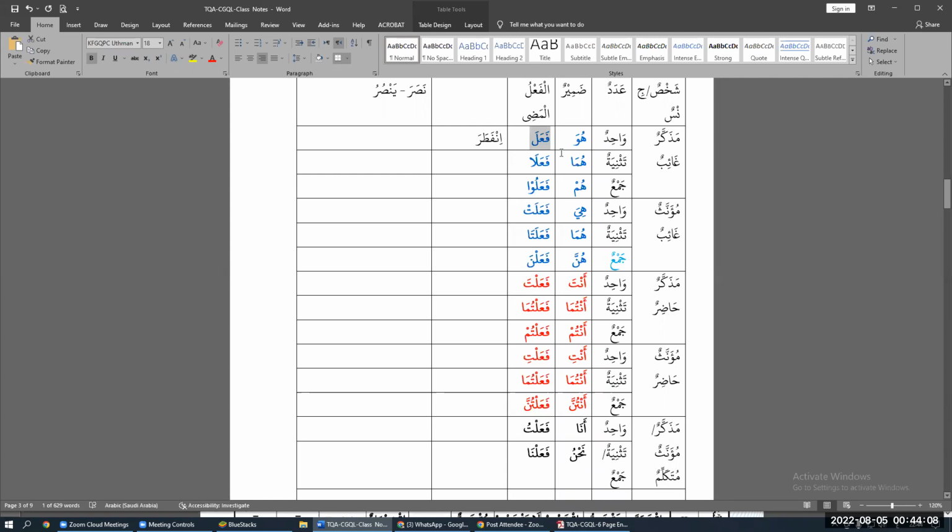What is the subject? Huwa. In fa'ala, there is an inbuilt subject. What is the subject? Huma. We will locate what the subject is. Fa'alu, there is a subject indicating whom. So these all are carrying subjects.